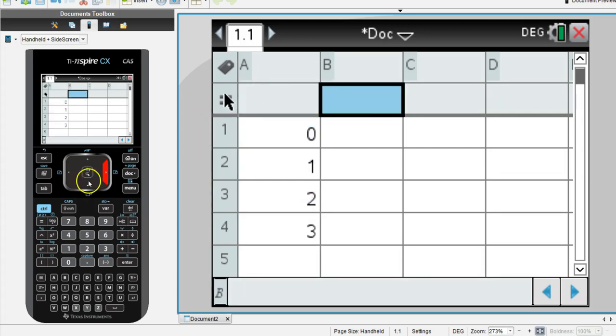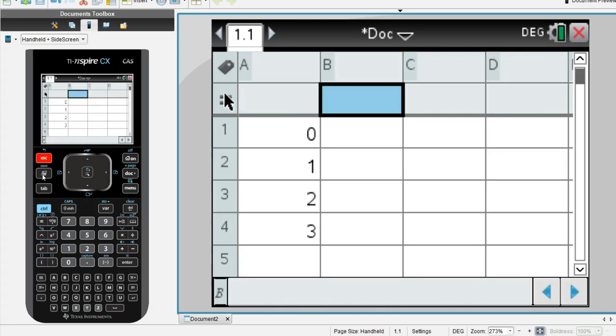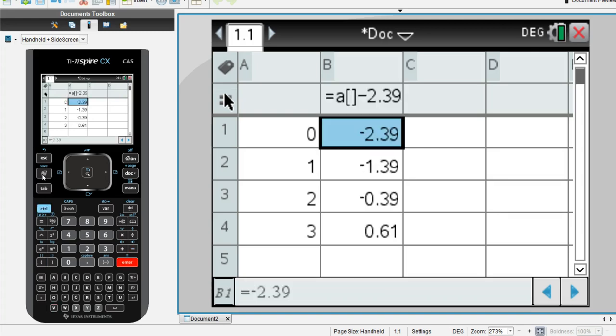The mean was this 2.39, right? So this will be everything from A, bracket, minus 2.39. In fact, I could make that even a little easier, because the next thing is to say, well, we don't add them here, right?